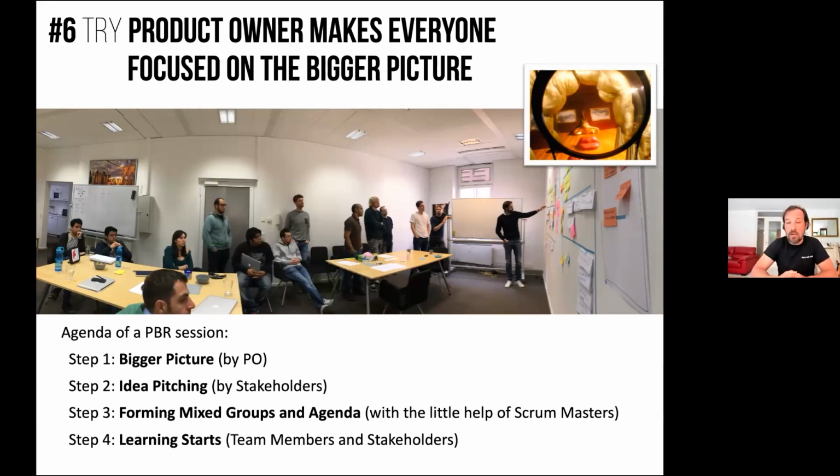And then Scrum Masters facilitate mixing of the groups, right? The good idea that I think is one of the guides in LeSS is that if you do a multi-team PBR, you don't just go with existing teams, but you rather shuffle teams into temporary groups just for this meeting. So in every new group, there will be people from all the teams, right?